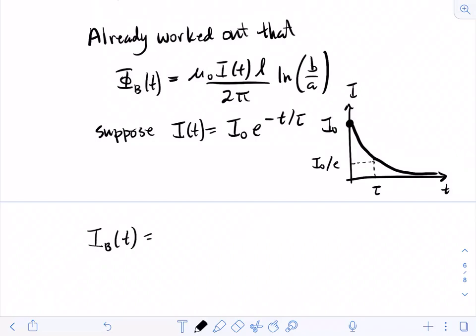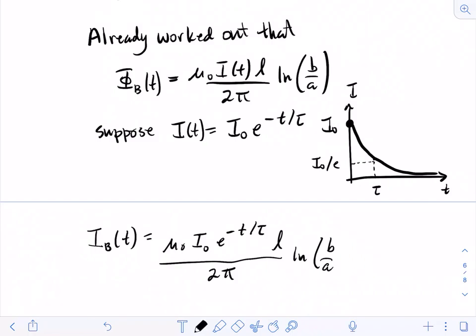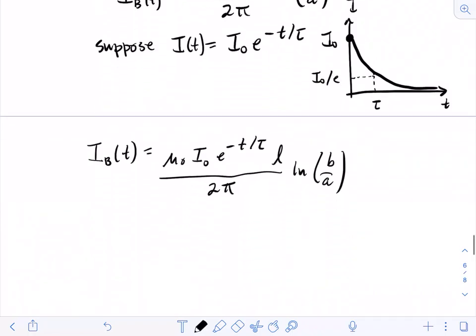Okay, so if we just make that assumption for how the current varies with time, then we could just put that into our expression. So we have mu naught times I, and I is I naught e to the minus t over tau. And then L, and then we have 2 over pi ln of B over A. I'm just going to reorganize the factors.